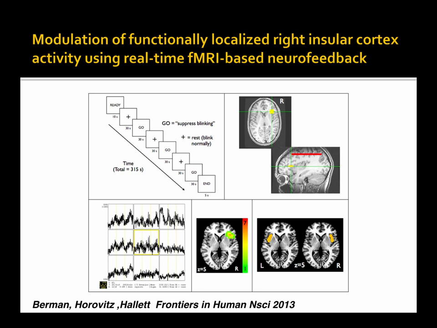So if we can somehow teach the subjects to decrease the activation in this area, we could reduce the number of tics, and it's one of the projects that we are still working on.